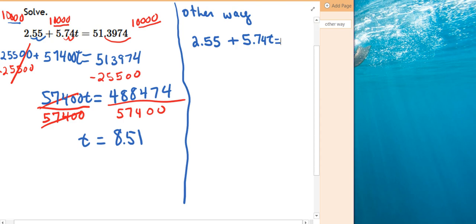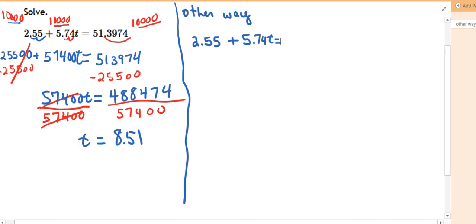And I'll just pull the calculator up when I need it. Okay, that way I can have enough space to write. So 51.3974.